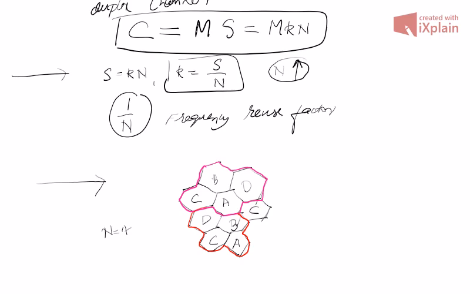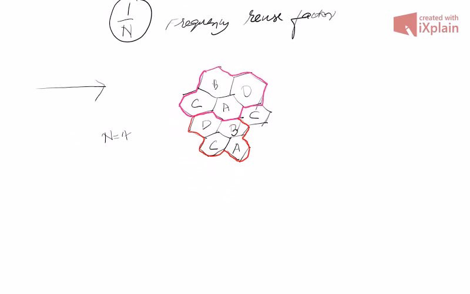Okay, but if you take 5, then you will see that we will not get equidistant cells. What I mean is that the cells which use the same frequency should be at equal distance from each other. So n takes particular values. In fact, I will share a separate video for its proof, or maybe some notes. But n takes values of this form: i square plus ij plus j square.